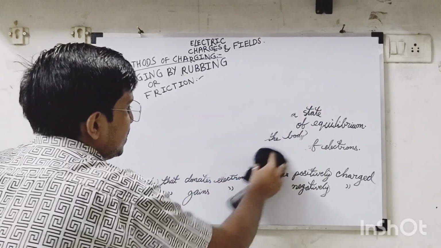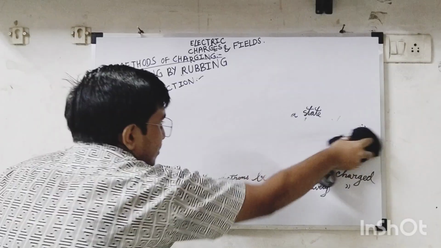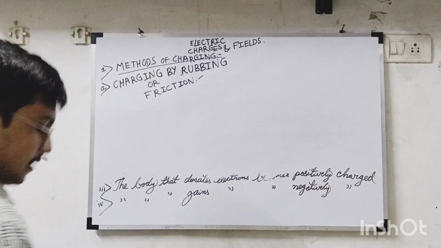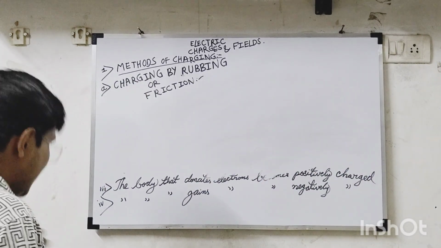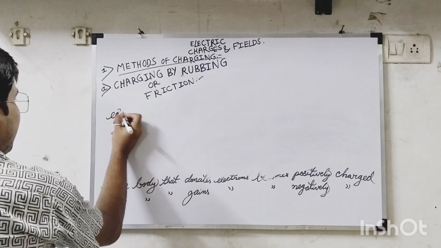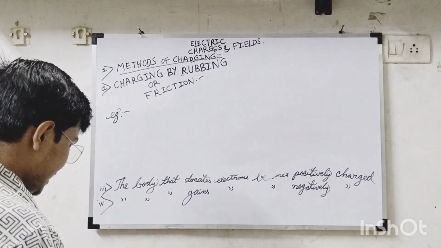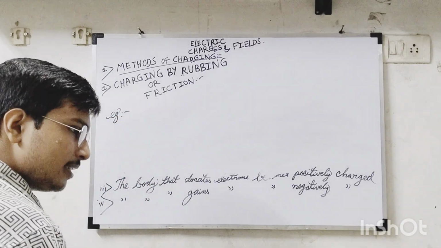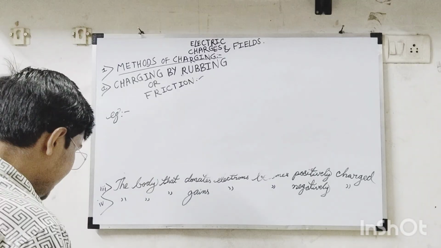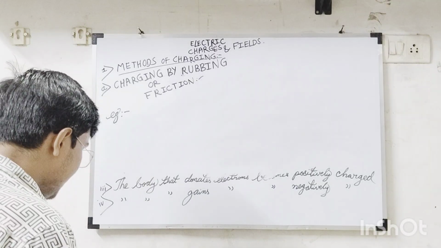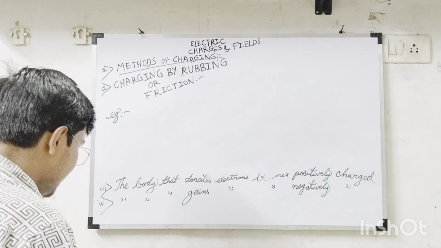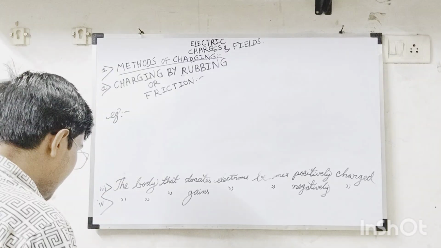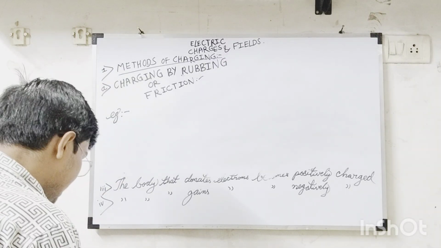Now, what is the example? When a glass rod is rubbed with a silk cloth, the glass rod acquires some positive charge by losing electrons, and the silk cloth acquires negative charge of the same amount by gaining electrons.